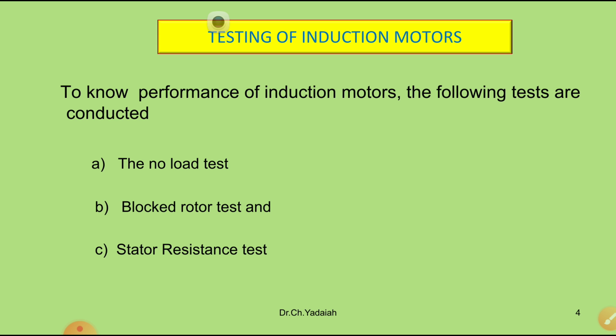At rated voltage, it draws a very small primary current, which is utilized for the production of the magnetic field and at the same time to meet the working losses, that is I mu and IW. The sum of these two vectors, IW plus I mu, equals I0, the no load current of a transformer.